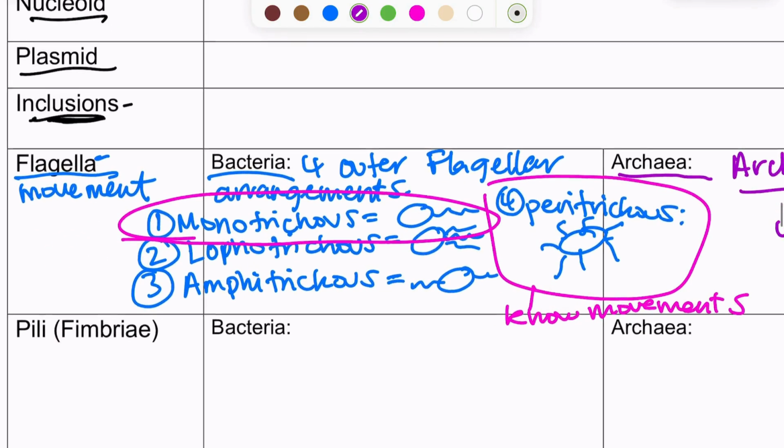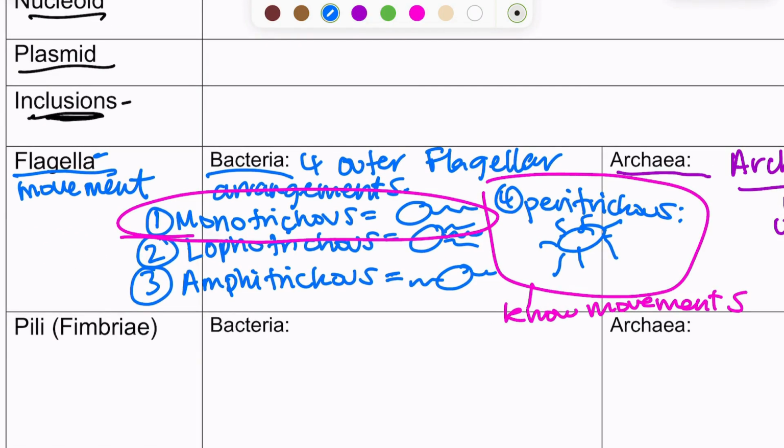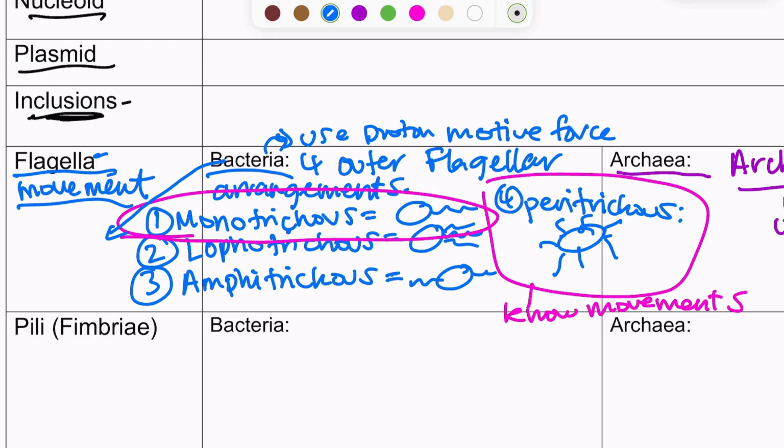So for this one though, I forgot to mention for bacteria flagella: bacteria will use proton motive force to rotate flagella.